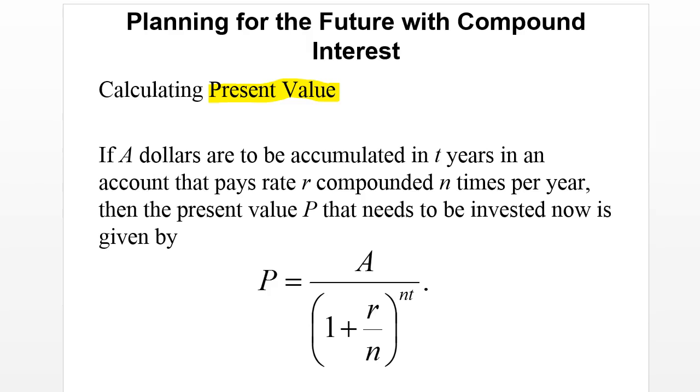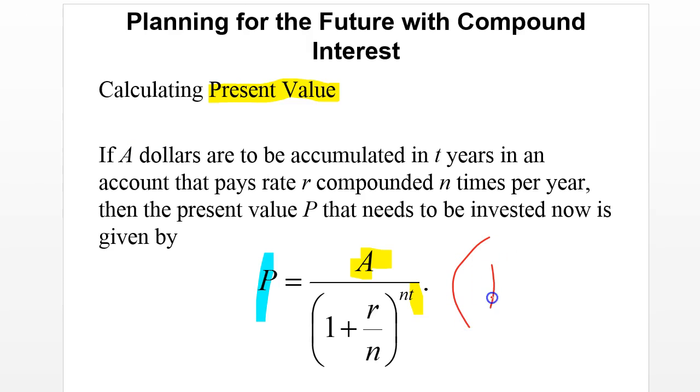A is still the amount down the road after 2 years, but P represents what I would have to put in now for it to grow to A in 2 years, at that R rate, compounded n times per year. So it looks very similar to what we saw. And all you have to do is multiply both sides by this denominator.